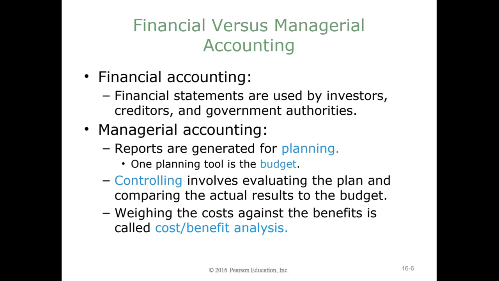I'm going to go ahead and start. So what do we think the first one is? Helps creditors make lending decisions. Yeah. What about helps in planning and controlling operation? And then is not required to follow GAAP.